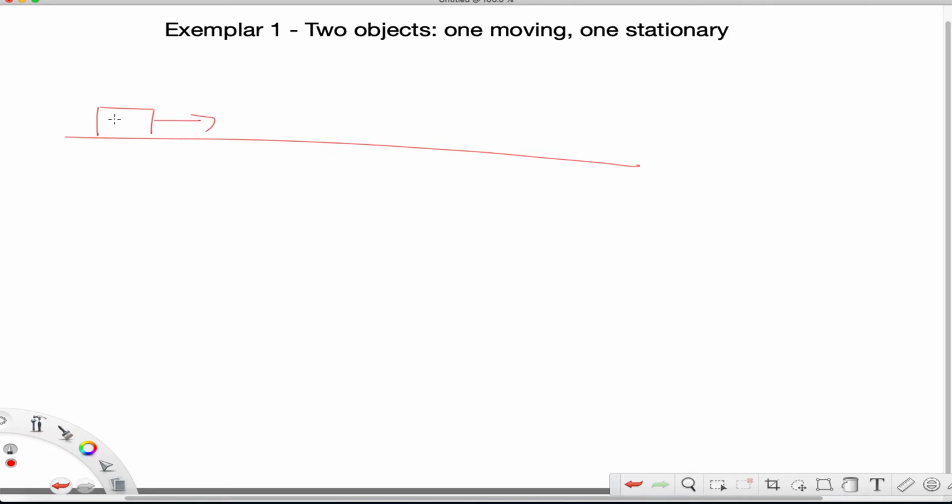Let's say that's 1 kilogram at 1 meter per second, and it collides with 1 kilogram which is not moving. And afterwards, these two move off together. So let's say they've stuck together.